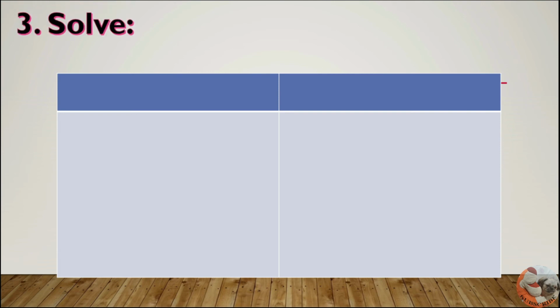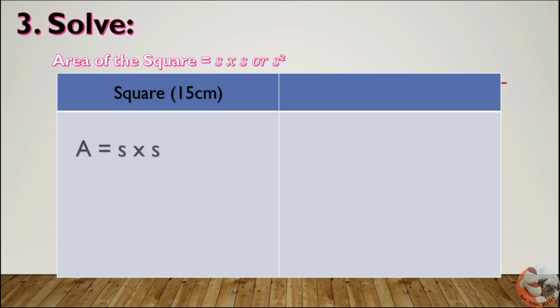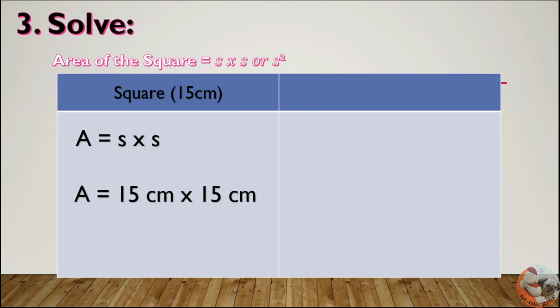Number 4, solve. From the formula, area of the square is equal to S × S, or S squared. Let us first solve for the area of the square whose side is equal to 15 centimeters. From the formula, A = S × S. Area is equal to 15 centimeters × 15 centimeters.